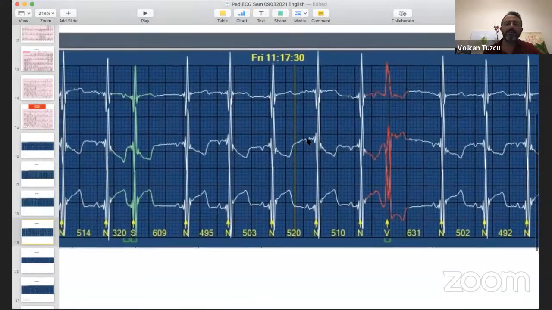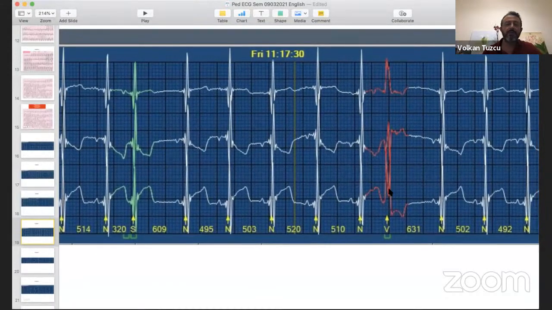Okay, like this. One is green, one is red. Any comments? What type of early beats are they? One is PAC, one is PVC. What do you think?